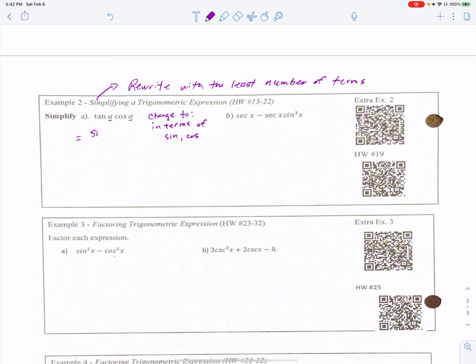Tangent is sine of that same angle, which happens to be alpha, over cosine of alpha. And then we're taking that times cosine of alpha, which we can think of as over 1. With fractions, when you're multiplying, that numerator can cancel out that denominator, and you get sine alpha over 1, which is just sine alpha. And there you have simplified that.